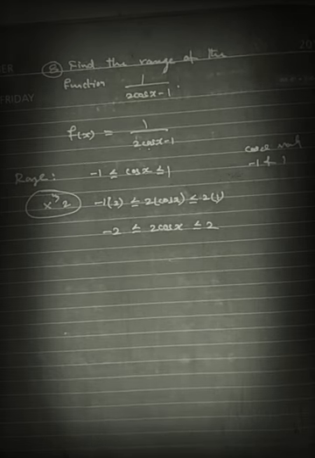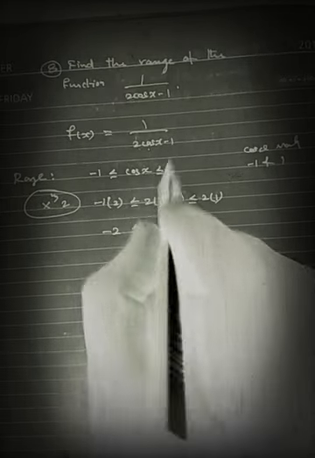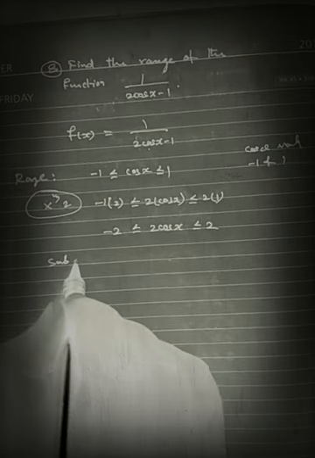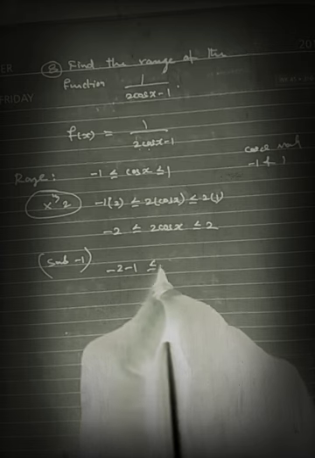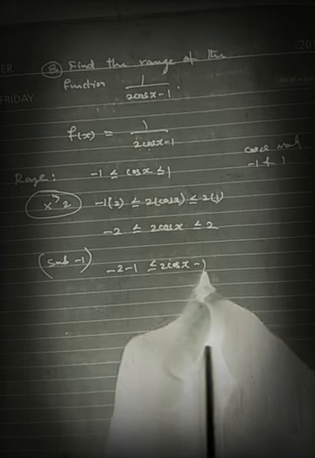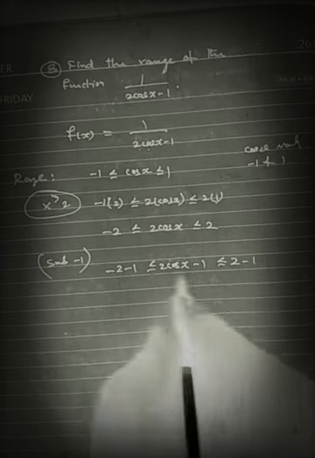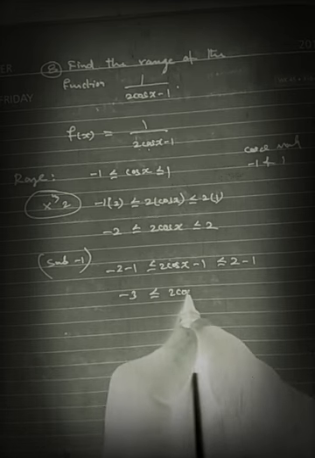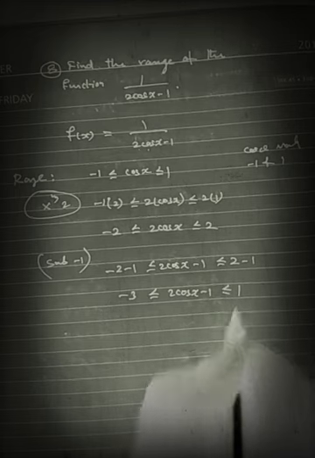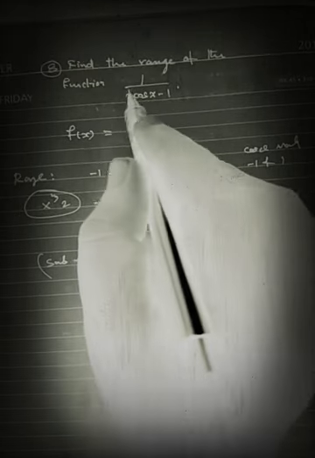Is it clear? Now subtract 1: minus 2 minus 1 less than or equal to 2 cos x minus 1 less than or equal to 2 minus 1. So minus 3 less than or equal to 2 cos x minus 1 less than or equal to 1 will come. Now take the reciprocal.